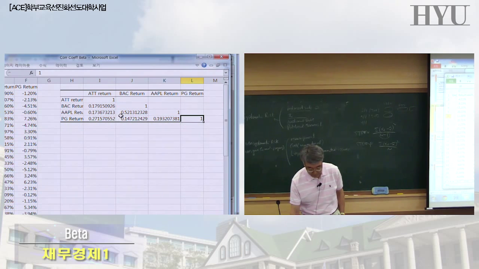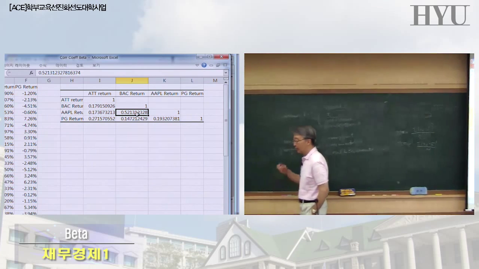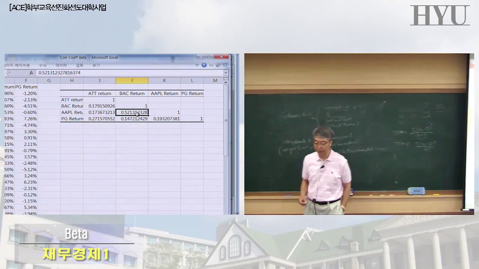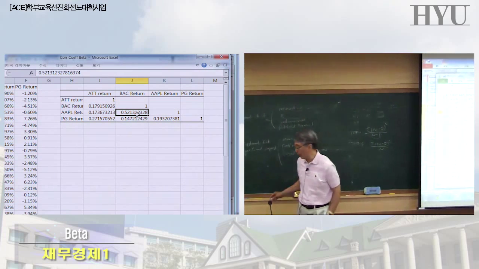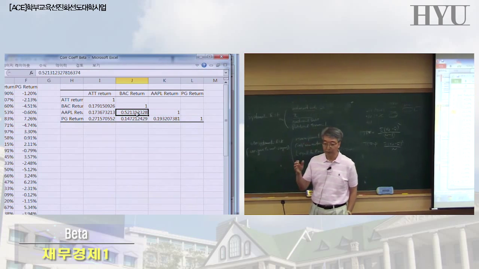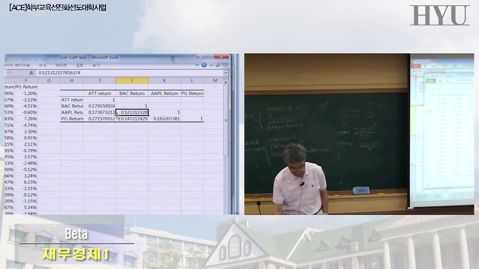The correlation coefficient between BAC and Apple is okay, about moderate. It's not strong. Typically, if the correlation coefficient is close to 0.8, you can say it's pretty strong. If it's 0.2 or 0.3, you can say it's rather weak. Anything in between 0.2 and 0.8 can be called moderate.